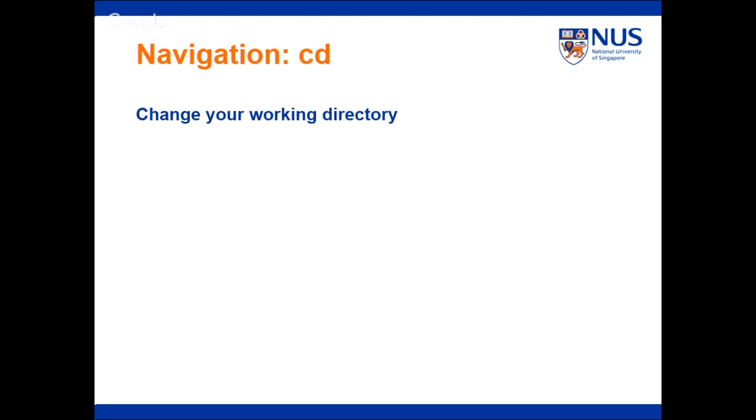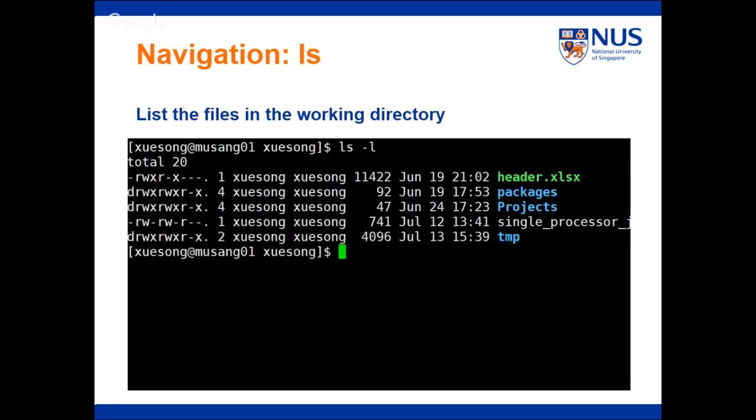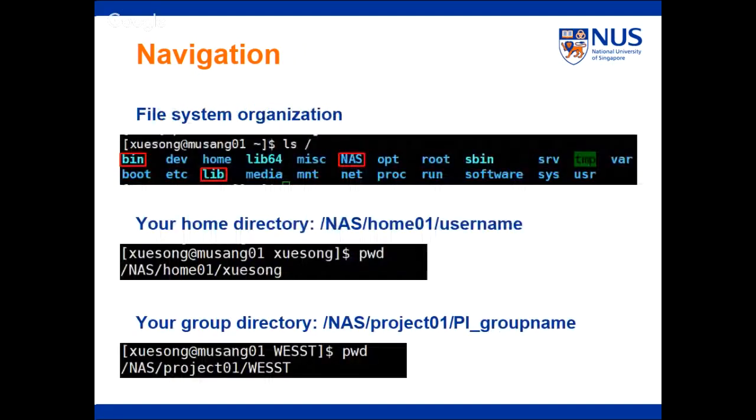Okay, one thing I didn't mention is that here you have your home directory and project directory, right? However, to relieve the traffic of the network, we use an automatic way to mount your folders. That means you have to explicitly write this path in order to mount your directory.